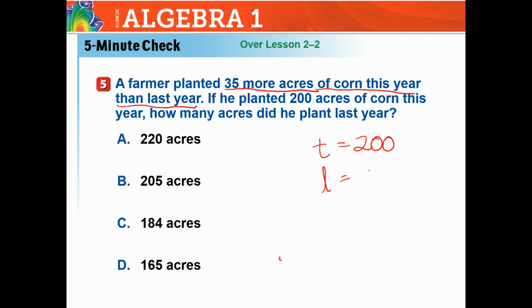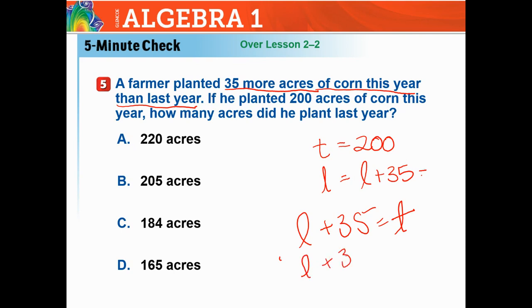Last year, he did 35 fewer, or this year he did 35 more. So that tells us we're going to do last year plus 35 more. And that's going to give us our total, or this year, which is T. And so we have L plus 35 equals 200.